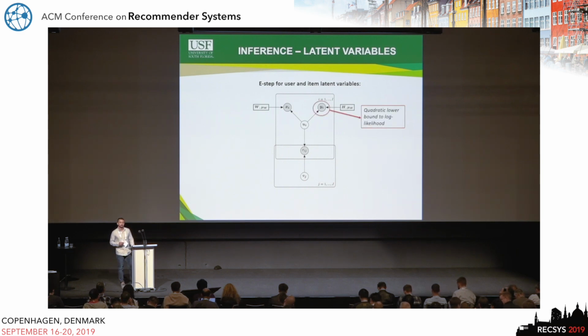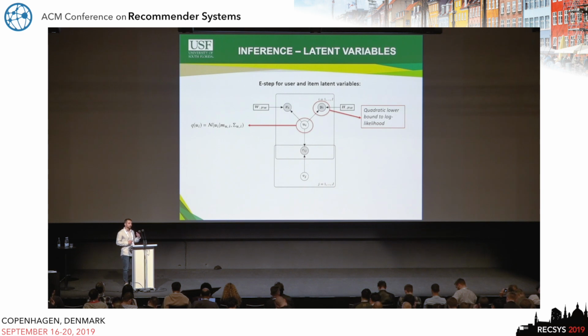For the categorical likelihoods, we use a quadratic lower bound to make the log probability of the model fully quadratic. We chose the Bohning bound, which is a fixed curvature lower bound to the log-sum-exp expression in categorical likelihoods.